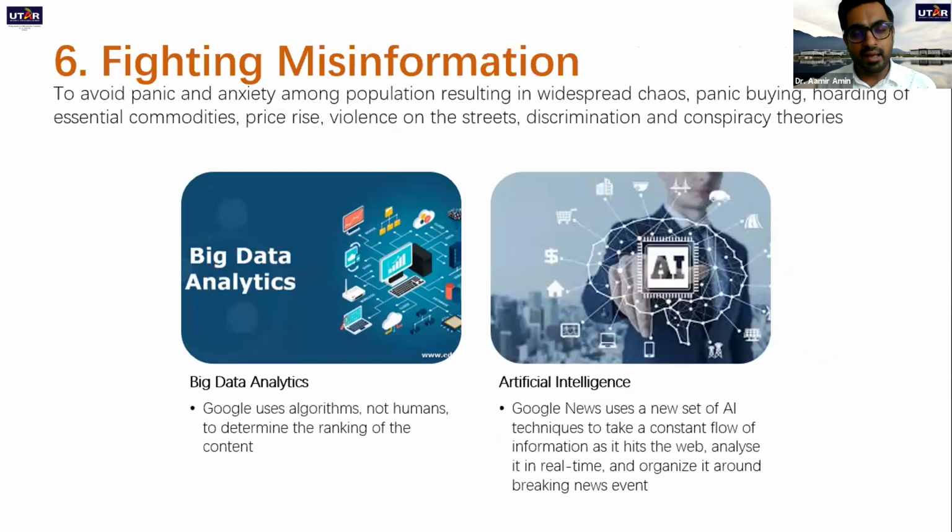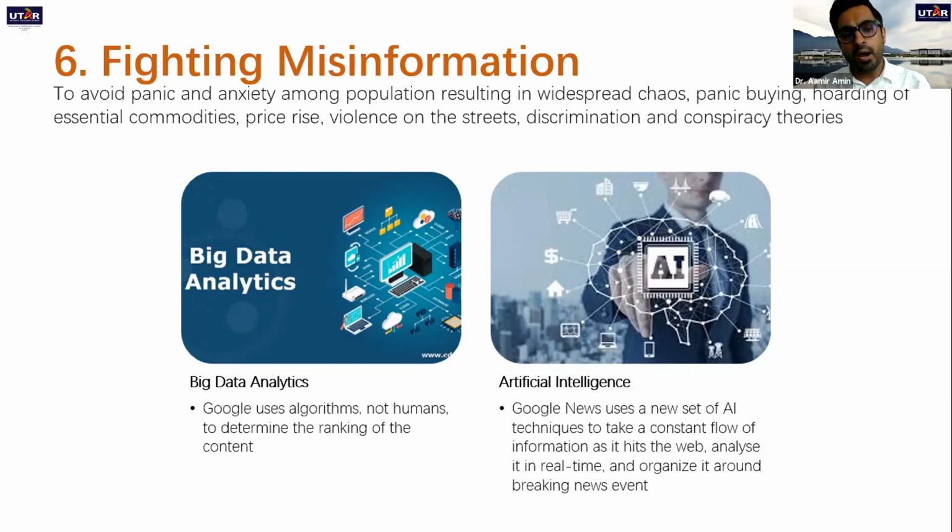Now, another area of how technology has helped in COVID-19 is fighting misinformation. A lot of people are spreading chaos and conspiracy theories. At the start especially, a lot of people were saying COVID is nothing, this is all a conspiracy, and a lot of other things.